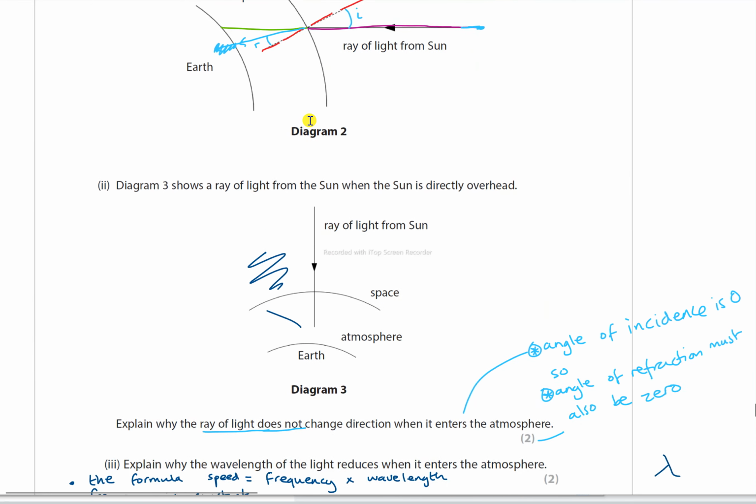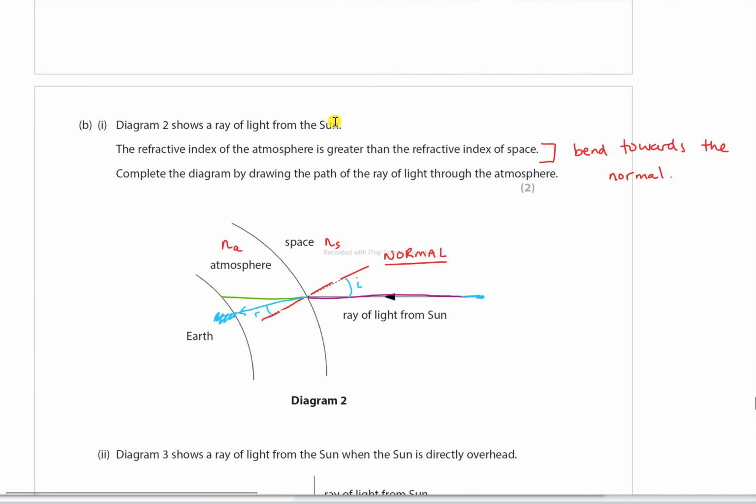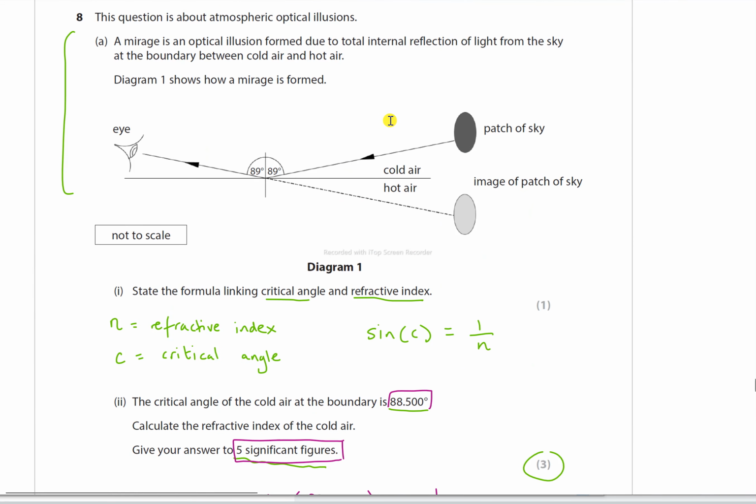Right, this is where this diagram comes in. So what's going to happen is that's coming at a different angle, and so they're going to refract different amounts.